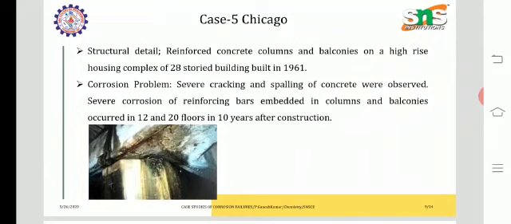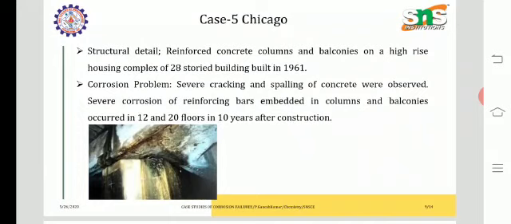Severe corrosion of reinforcing bars embedded in columns and balconies occurred on the 12th and 20th floors in 10 years after construction.